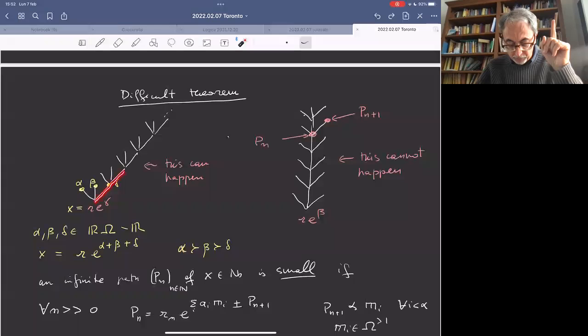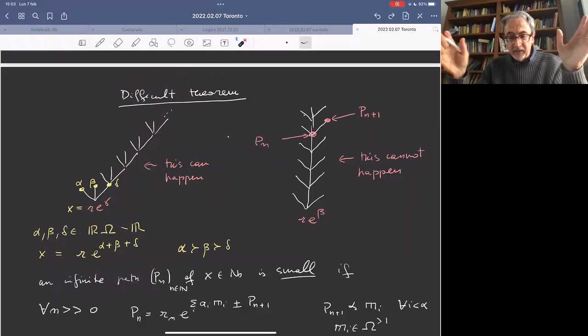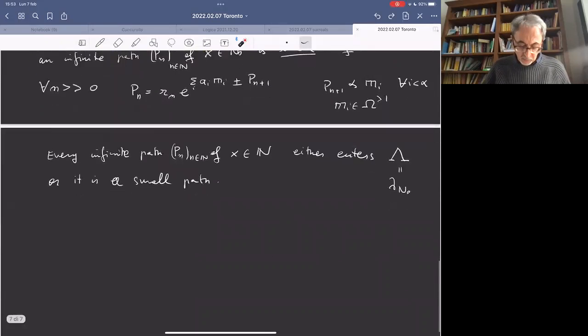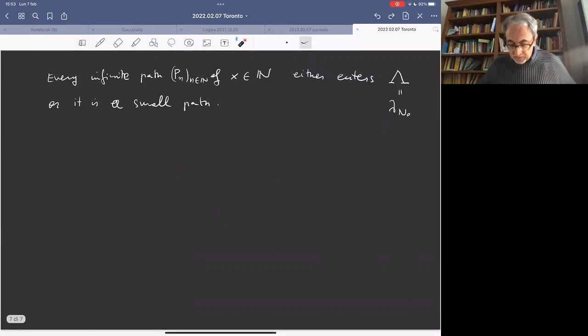Because if you keep going in this direction, but then you change direction, you are not ignoring this one, you are not ignoring this one, you are only ignoring the last one, which is small. And so the paths that end up in log-atomic numbers, in some sense, are dense in the class of all paths. And so you only consider the contributions coming from those. Okay, this is just what I wanted to say as an illustration of the definition of the derivative given by Vincenzo.